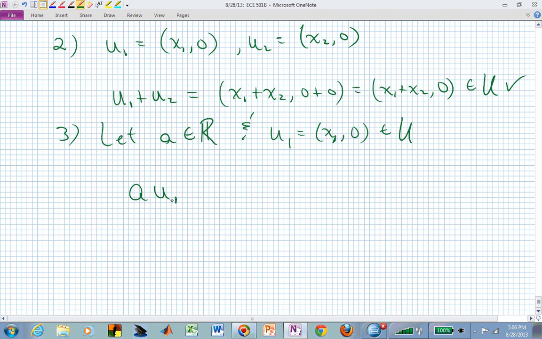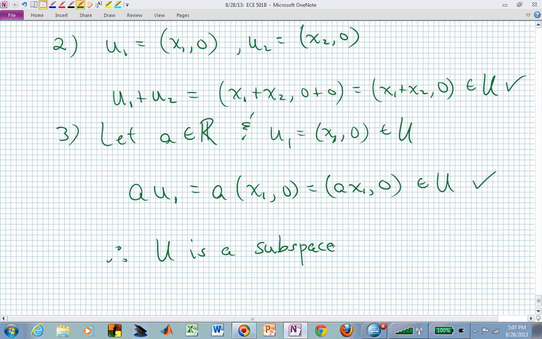We want to check, is the scalar product of A with U1 in our subset U? I think it's pretty clear, and I'm going through this in maybe more detail than you want to see. But again, that has the structure that we want. We have a 0 in the second element of our vector. So U is more than just a subset of V. It's actually a subspace of V.